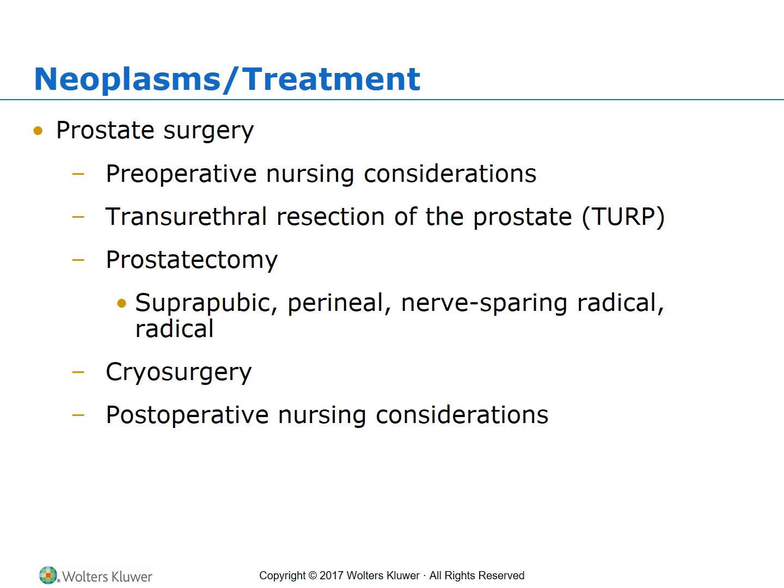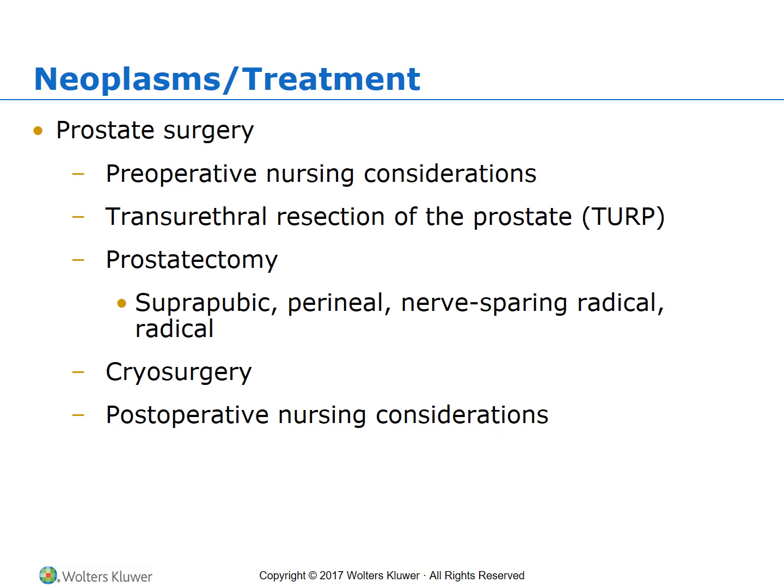They can also do a nerve-sparing radical, where they remove the prostate through an incision below the umbilicus and above the symphysis pubis. That causes less erectile dysfunction and bleeding.